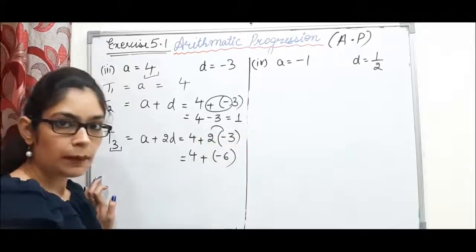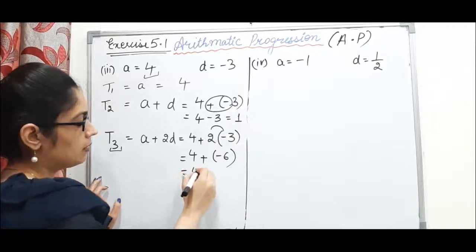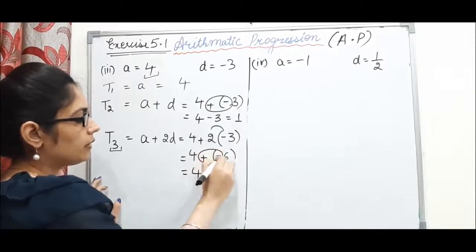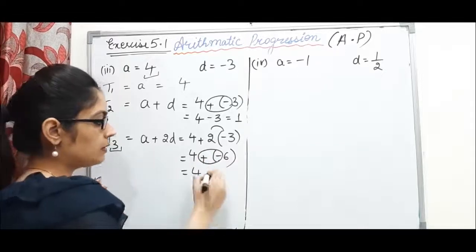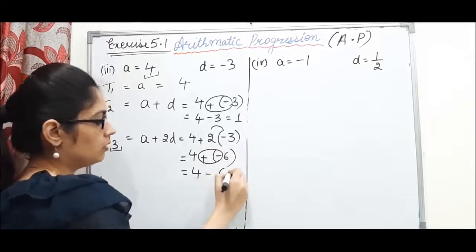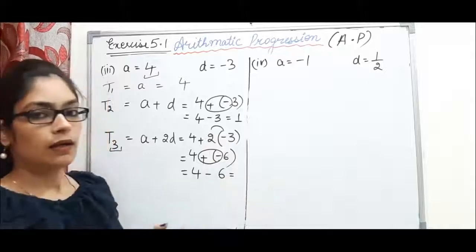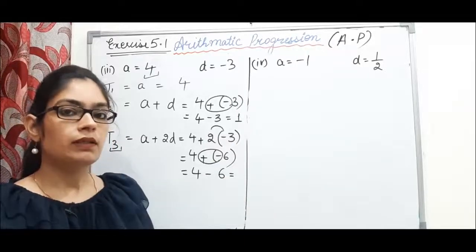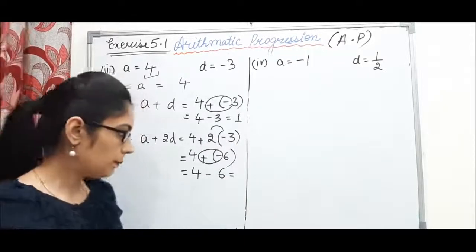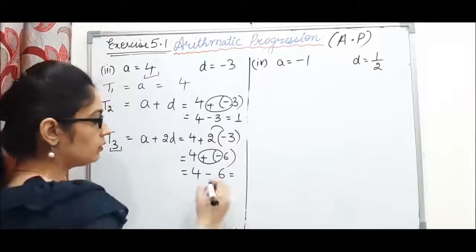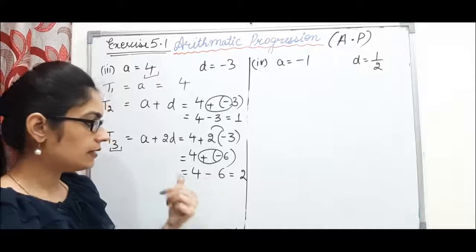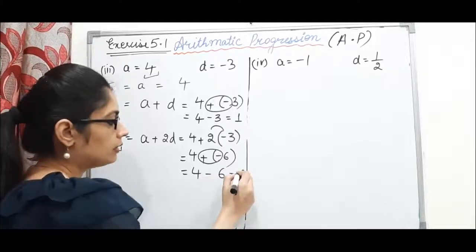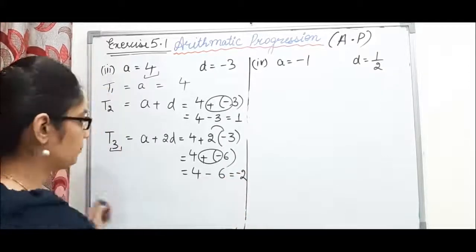So, 2 into minus 3 is minus 6. Again 2 signs together, so first we have to make it a single sign: 4 plus minus 6. So, 4 minus 6: 6 minus 4 is 2, but with 6 the minus sign is there and 6 is the greater number. So, the answer will be minus 2.